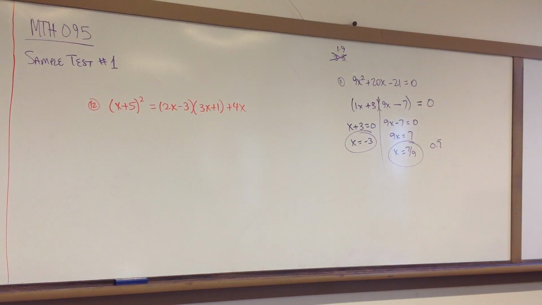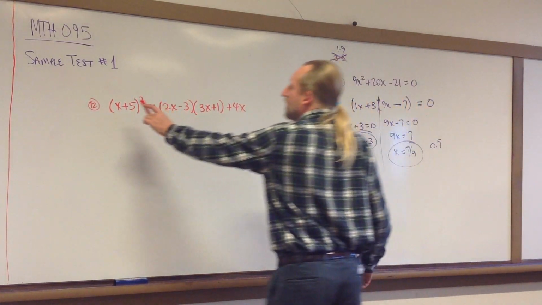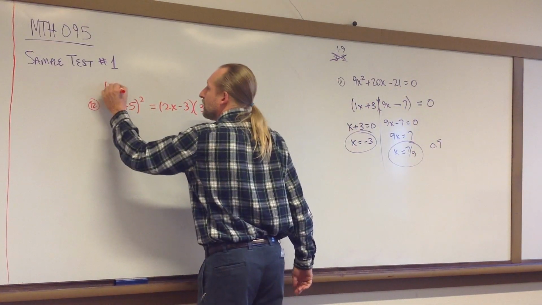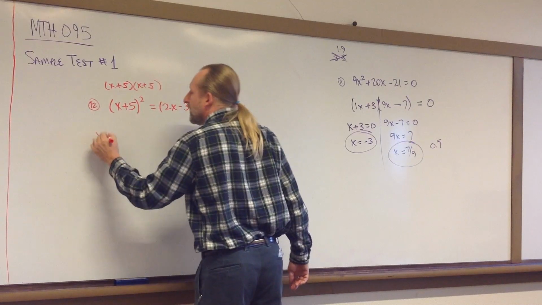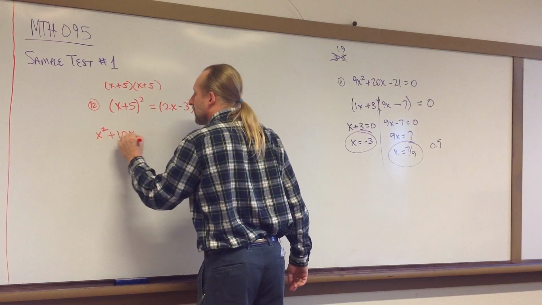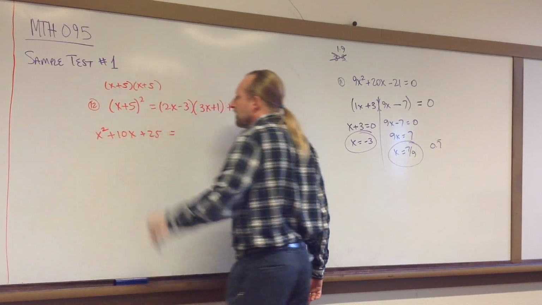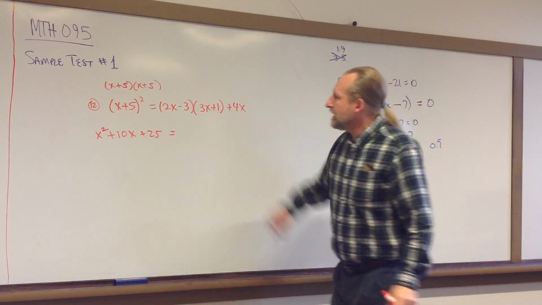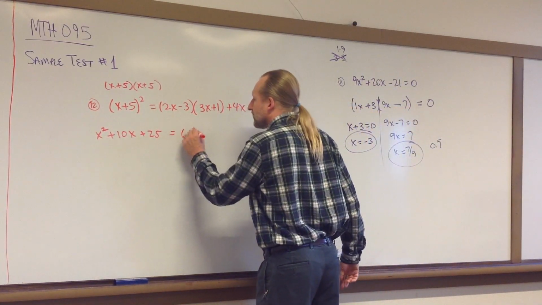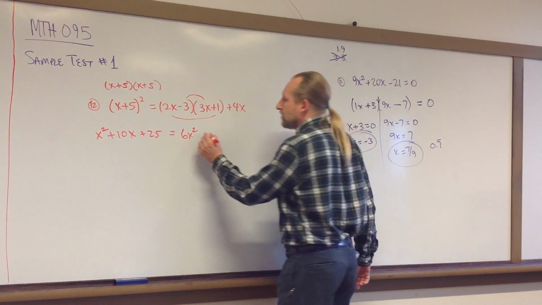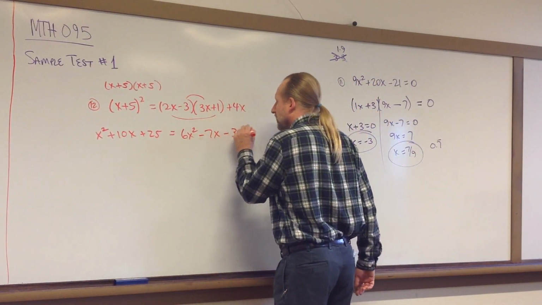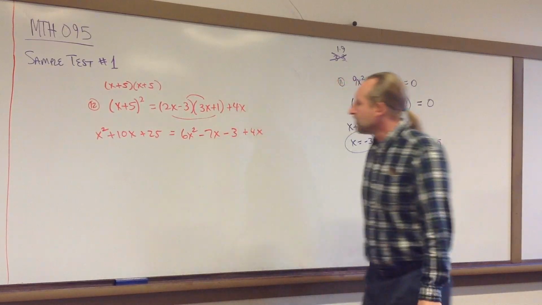First off, x plus 5 squared means x plus 5 times x plus 5. That's going to be x squared plus 10x plus 25. Over here, 6x squared, 2x minus 9x, so that'll be negative 7x minus 3 plus 4x.